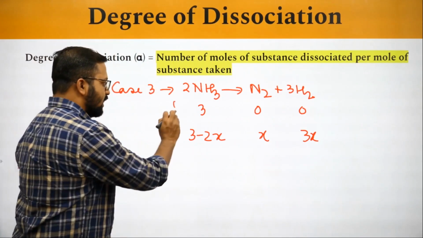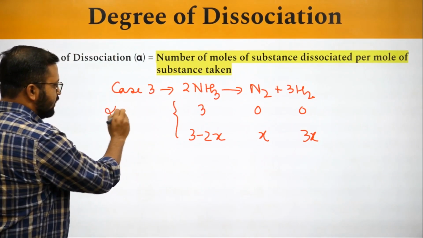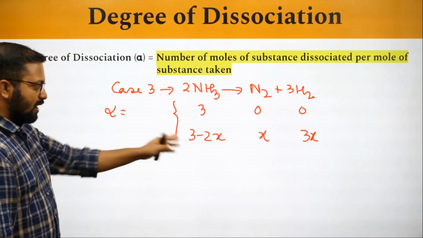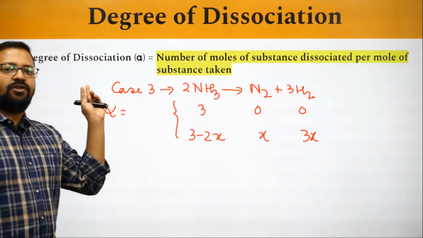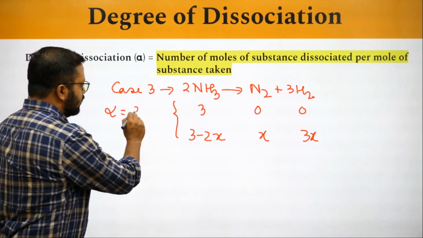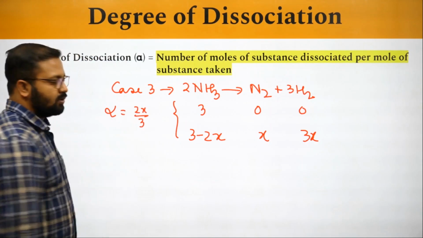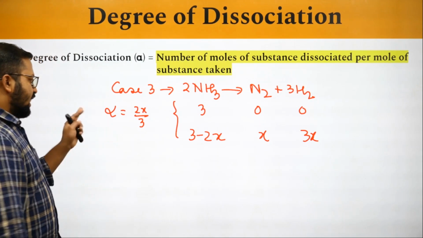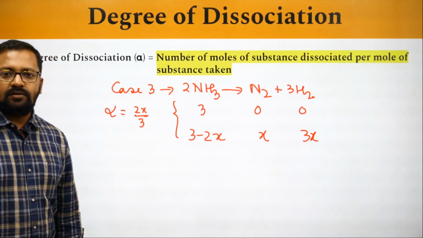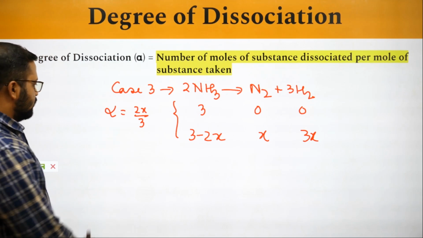Understood? Now try to calculate alpha. Alpha is calculated for 1 mole, so 2x is dissociated for 3 moles. So 1 mole के लिए कितना होगा? 2x by 3. Okay, alpha is equal to 2x by 3. Clear?